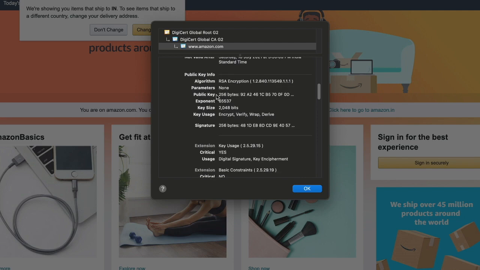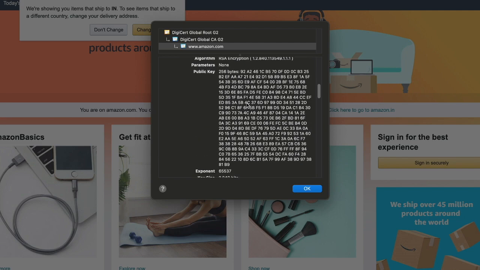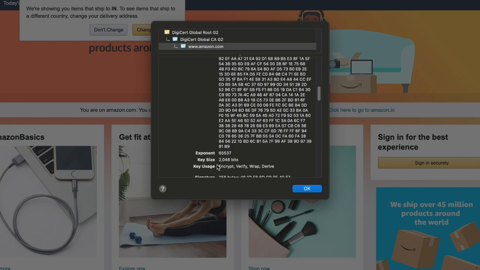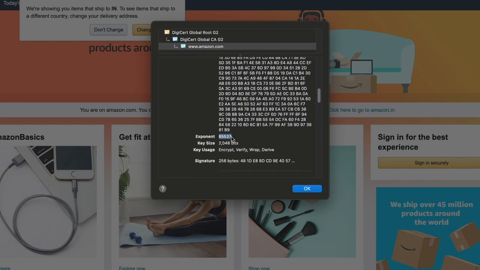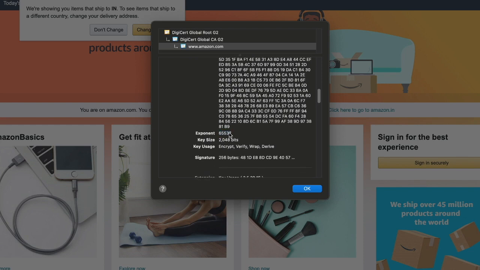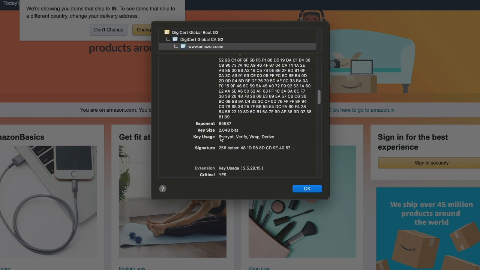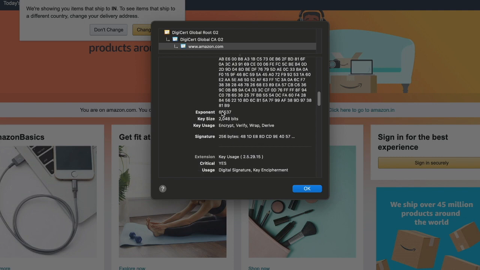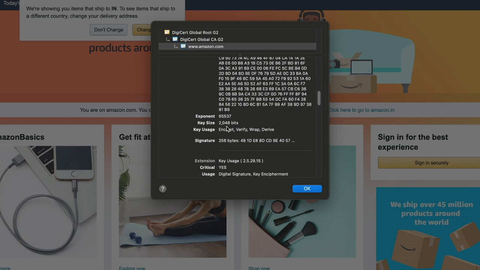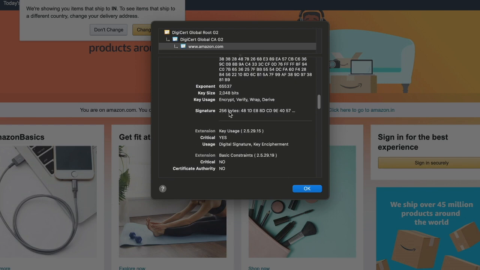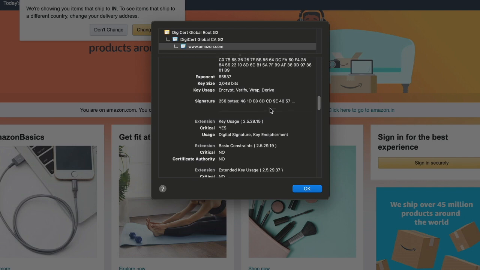The public key they've used is right here, and this is the public key exponent, and this is pretty common. It's actually just the value E we were talking about. That is very commonly taken as 2 to the power 16 plus 1, which is 65537, and this is the key size that's used, and this is the key usage: encrypt, verify, wrap, derive.